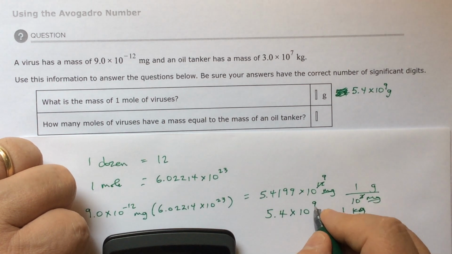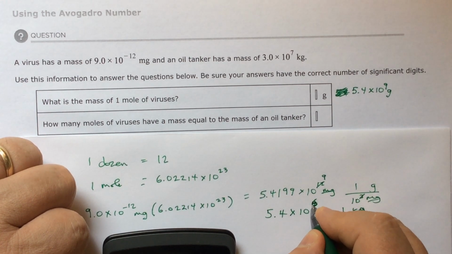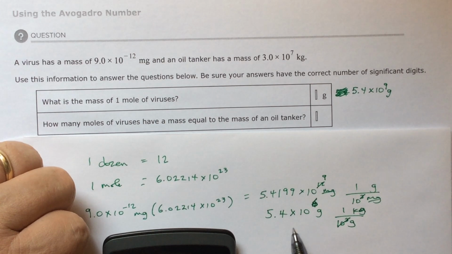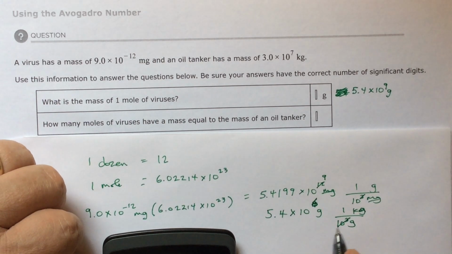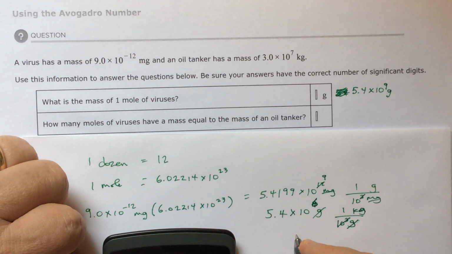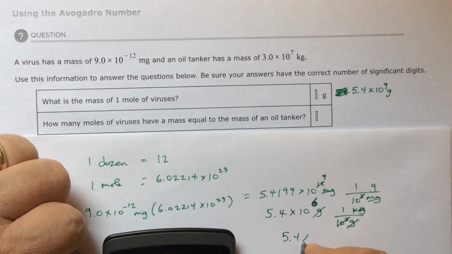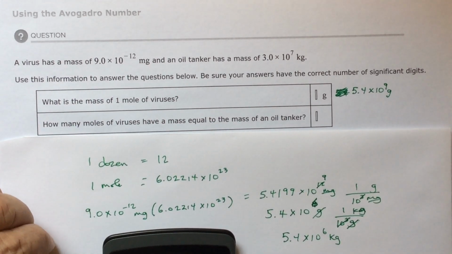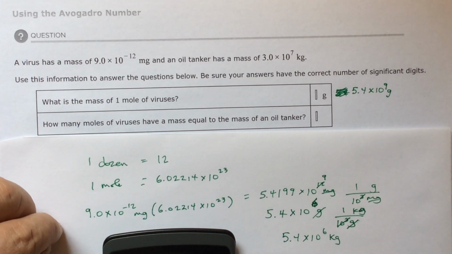The 3 is going to cancel 3 of here, leaving you 6. Grams is canceled, I'm now in kilograms. So 5.4 times 10 to the 6 kilograms is how much 1 mole of viruses weighs.